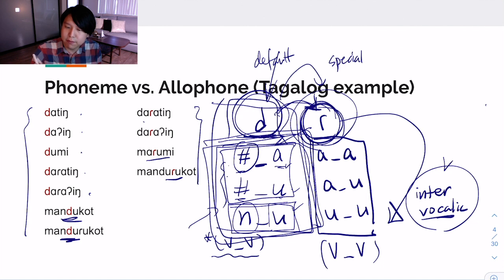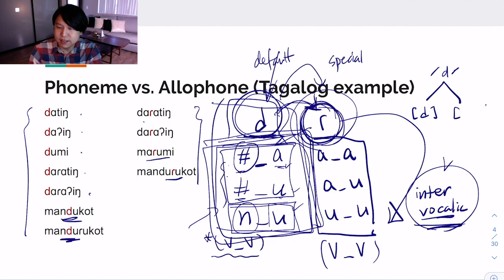And that's how you make a default consonant D as a phoneme, and allophones D and flap R with environments elsewhere, intervocalic.